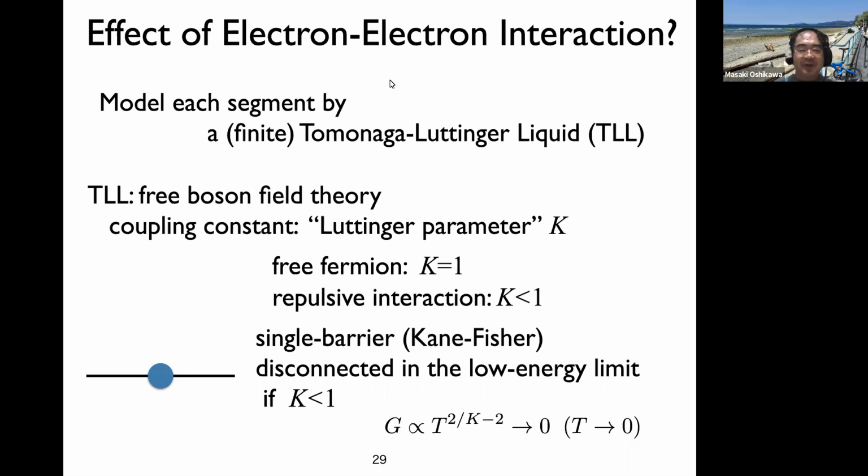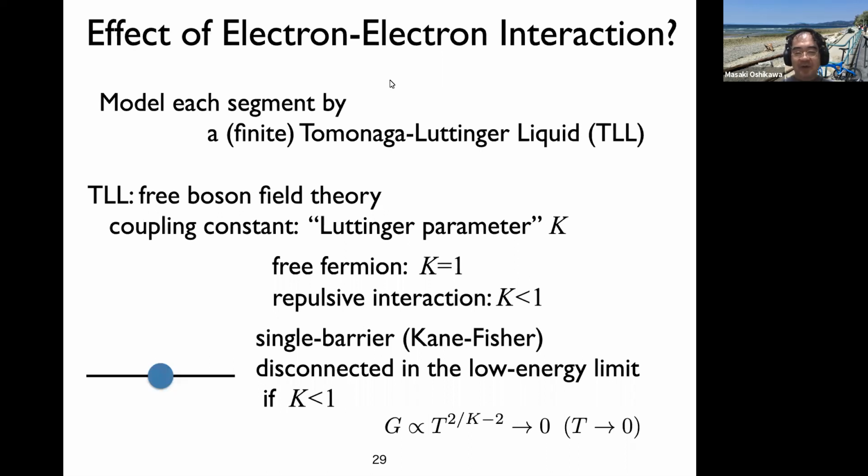Then the natural model is that we still use this network model, but now we model each segment by a Tomonaga-Luttinger liquid. And as probably most of you know, Tomonaga-Luttinger liquid is just a low energy effective field theory for interacting electrons. It's a free boson field theory, but contains a coupling constant, the so-called Luttinger parameter K. And all the critical exponents depend continuously on this Luttinger parameter.